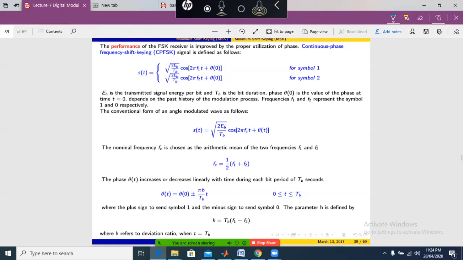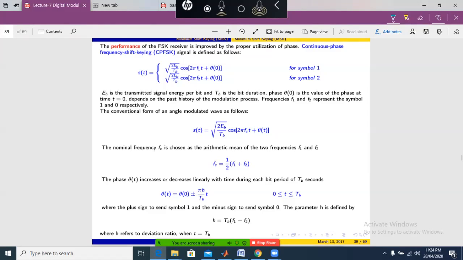So theta of t is in fact calculated by some factor h. So this is also called the deviation ratio.